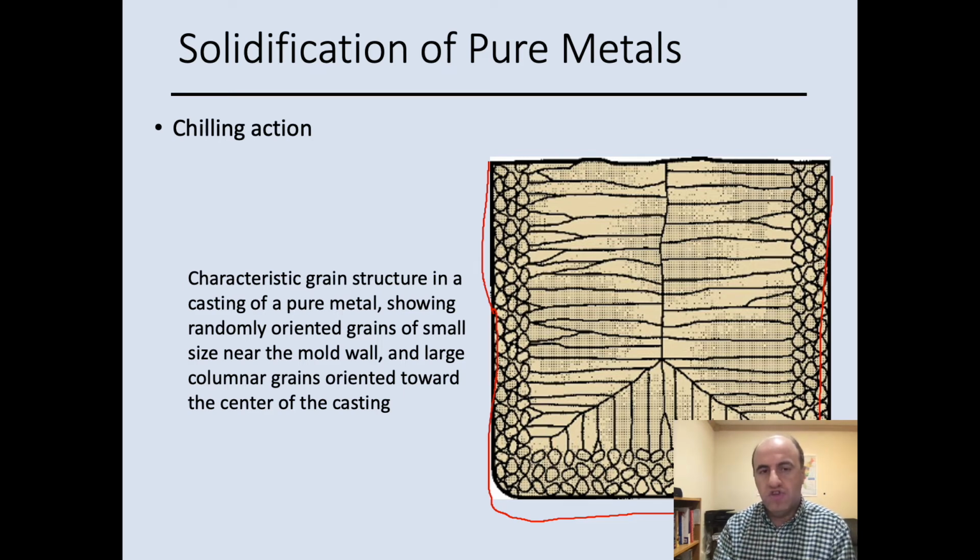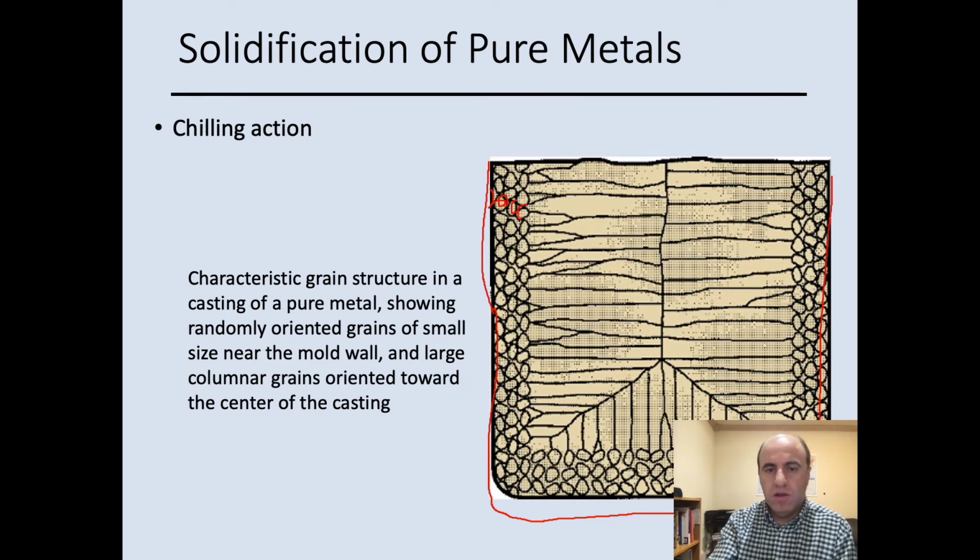As we mentioned before, if we have rapid cooling, then the grain won't have time to get larger, so we will have small grains. So this is something that happens near the wall.